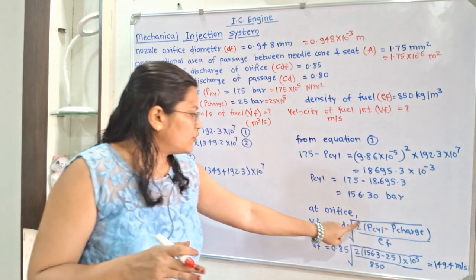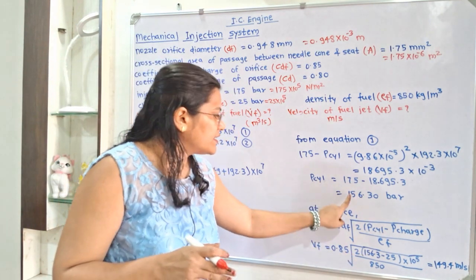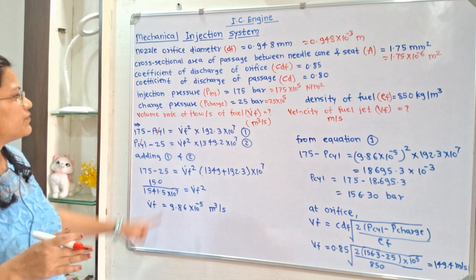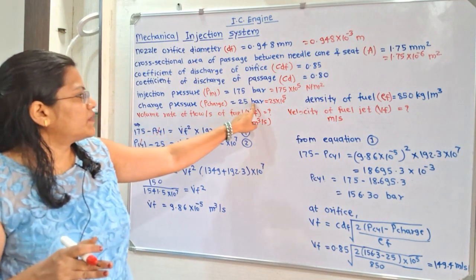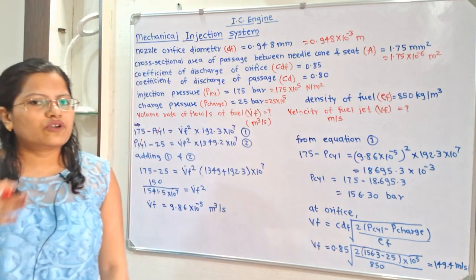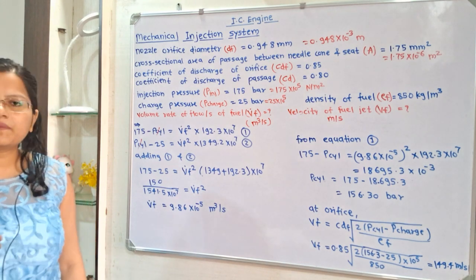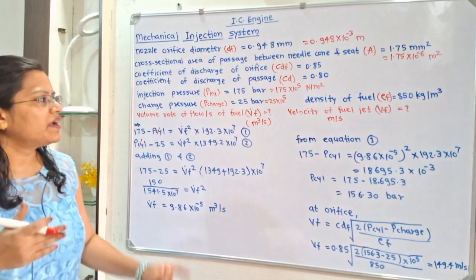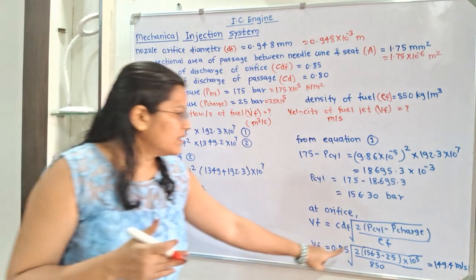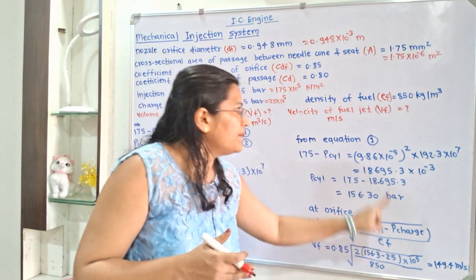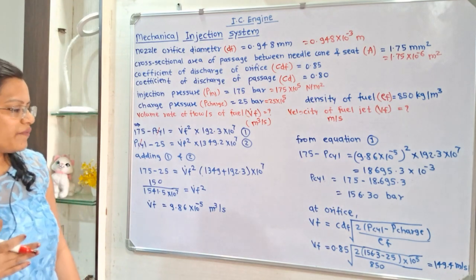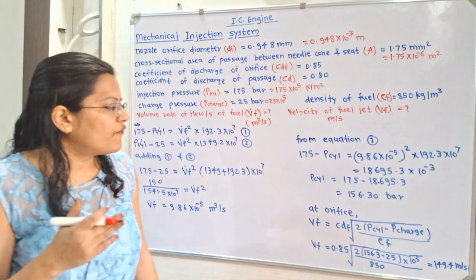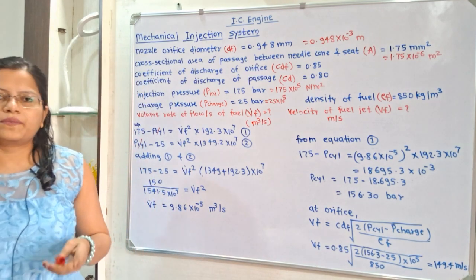So we will put the values. P cylinder is in bar, 156.3, and the pressure of charge is also given, that is 25 bar. We know that the standard unit is Newton per meter square, so outside the bracket we will multiply with 10 raised to 5 divided by rho F, the density of fuel, 850 kilogram per meter cube. When we solve this, we will get the answer, velocity is 149.4 meter per second.